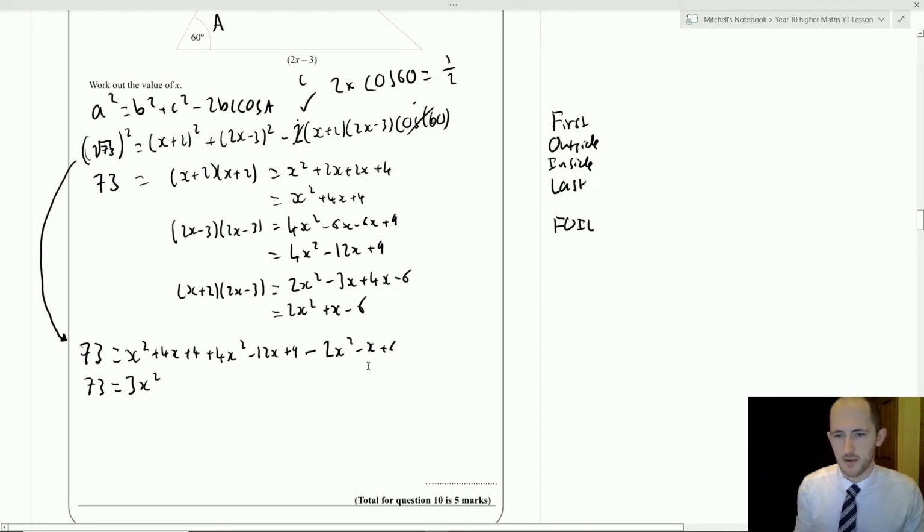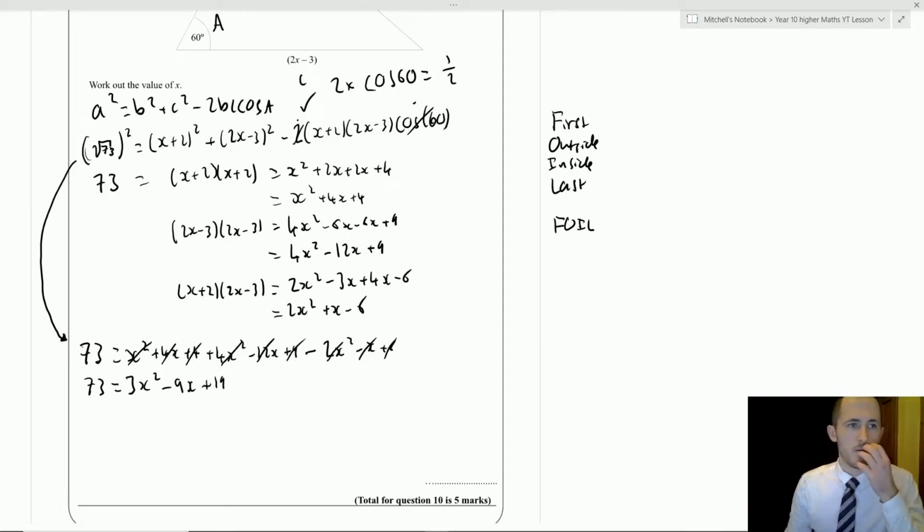Minus another x gives me minus 9x. One thing I like to do when I'm simplifying is cross through the ones that I've done. Then we have 4 plus 9, which is 13, plus 6, which is 19. Oh boy.